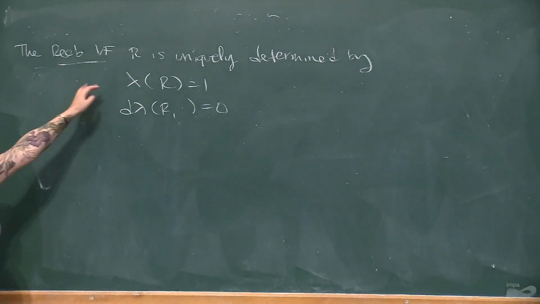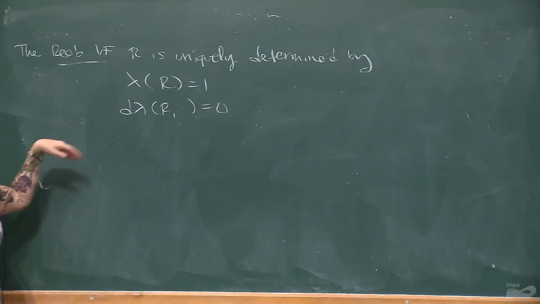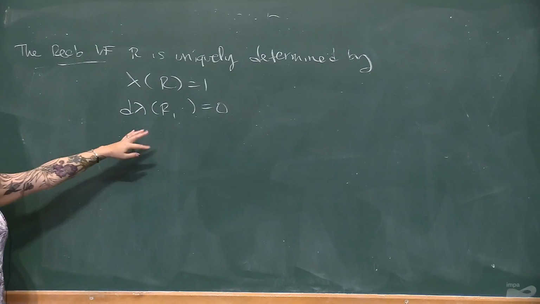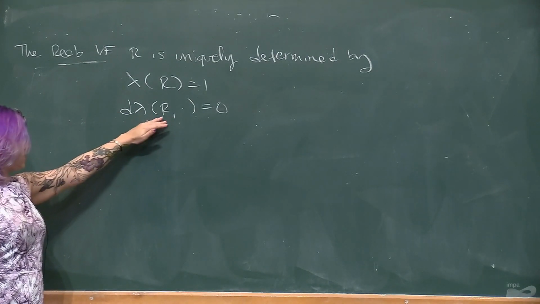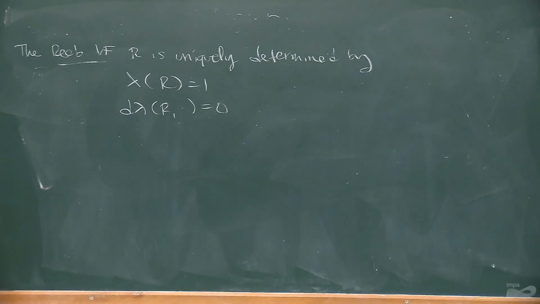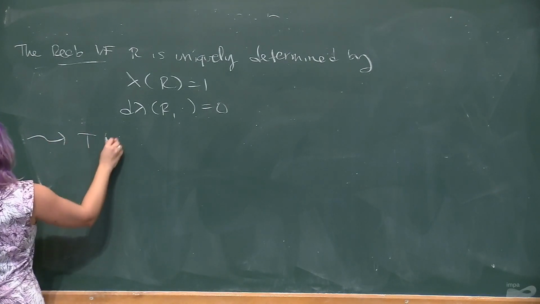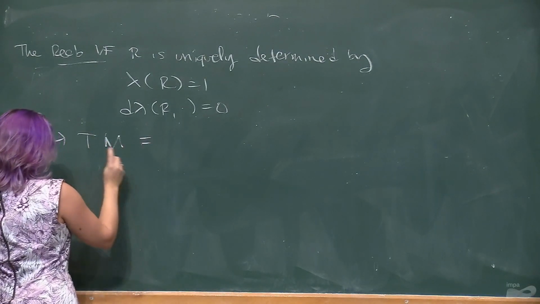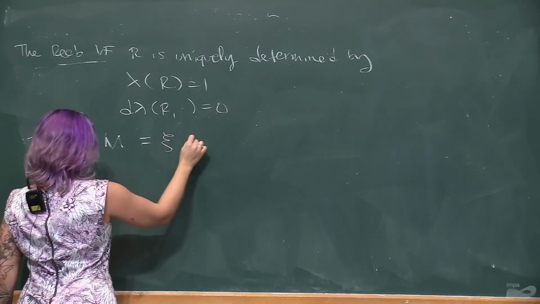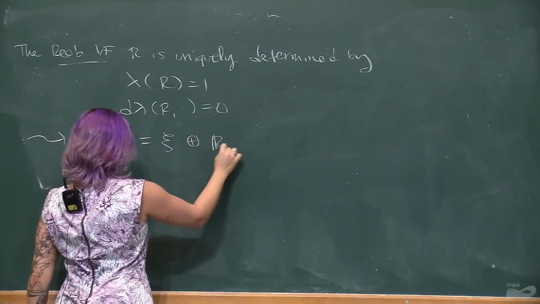So lambda of R equals 1 is a normalization condition, and the contraction of R with d lambda being 0 tells you that the Reeb vector field is transverse to the hyperplane distribution, and this gives you a splitting of the tangent space of your contact manifold into the contact distribution plus the Reeb direction.